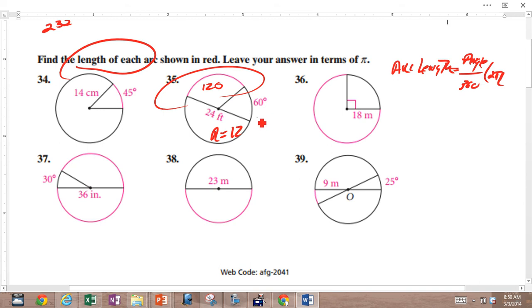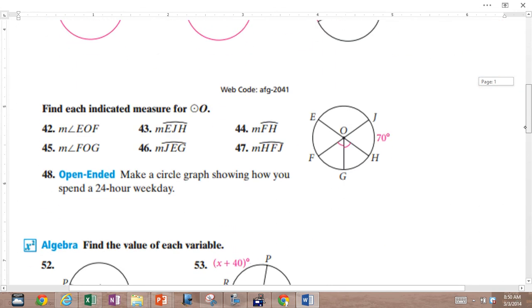We've got 120 over 360, which is a third, times 2 pi r, or pi d, whatever you prefer. In this case we can go pi d, so it's 24 pi. So it's 1/3 of 24 pi, which is 8 pi. That's the arc length associated with that red arc.